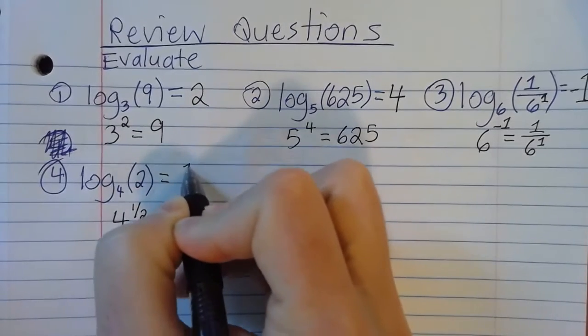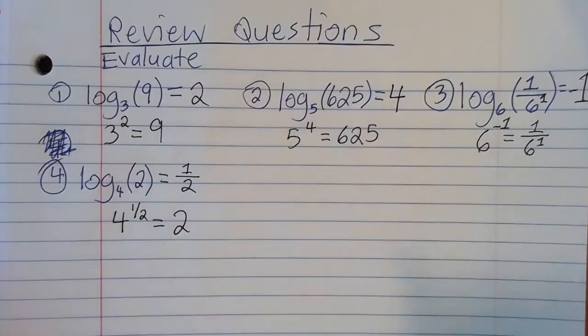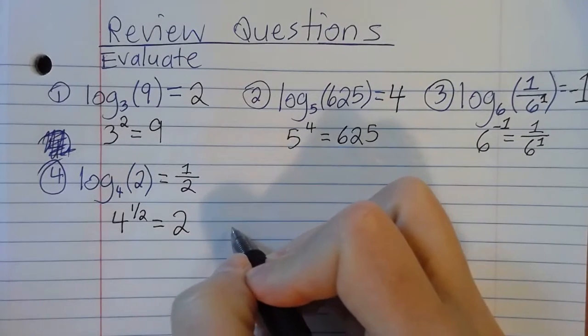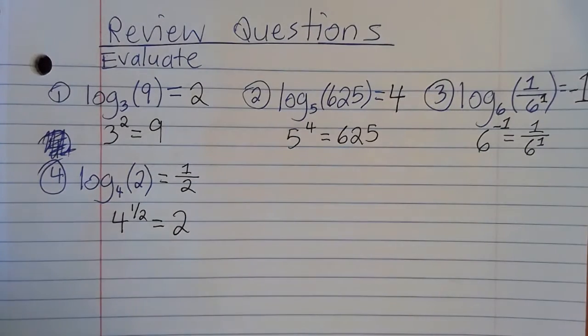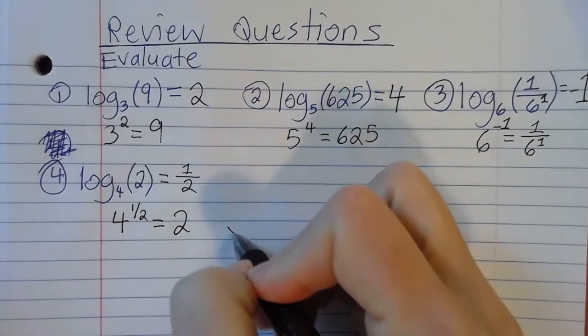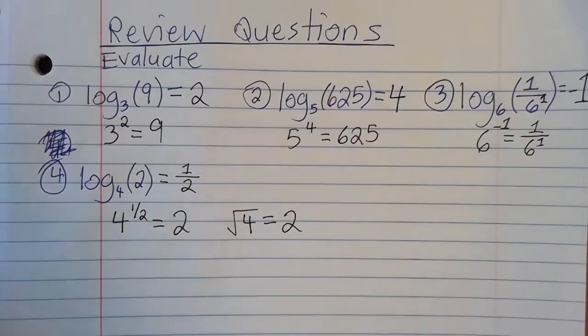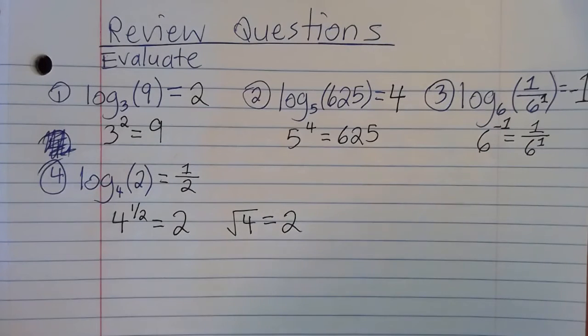And this logarithm is equal to 1/2. The key point here is remembering that 1/2 power and square roots are exactly the same thing. We can write it as the square root of 4 is equal to 2. So next we're going to be starting to talk about logarithm rules and properties.